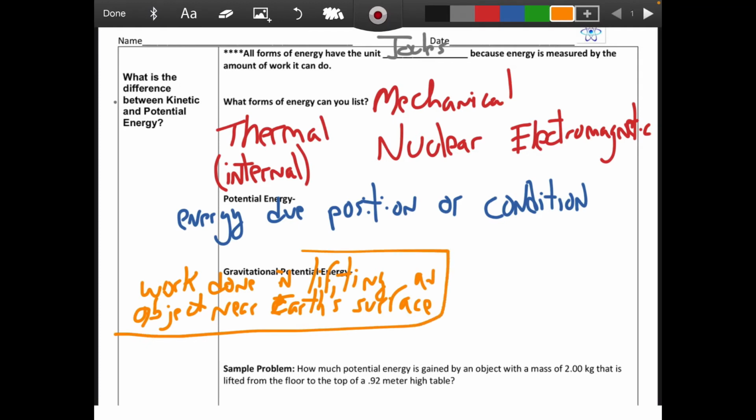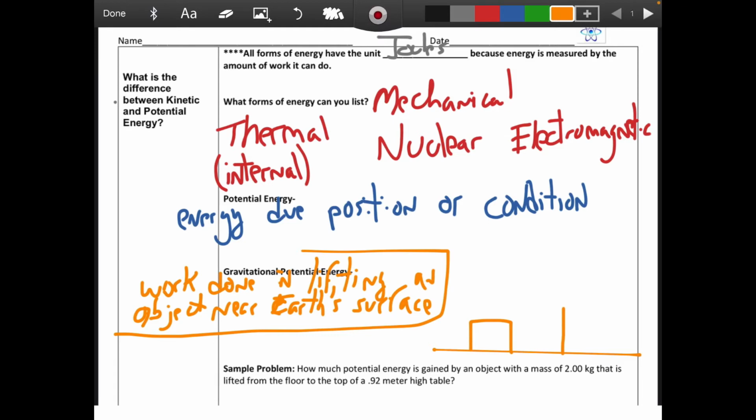Now, I kind of left some space here because let's say we have the ground here, okay? Now, if I have some object, well, it doesn't really matter the mass of it. This object has 0 energy relative to the ground.